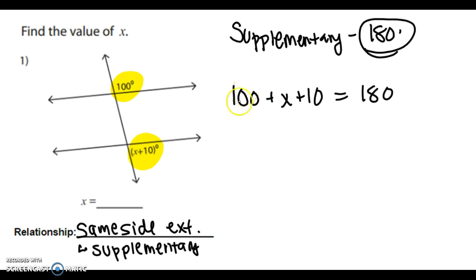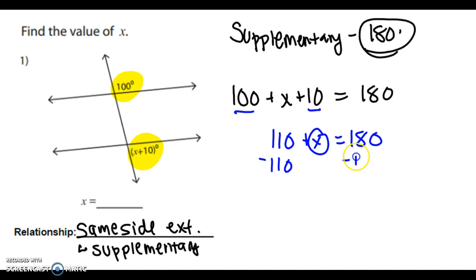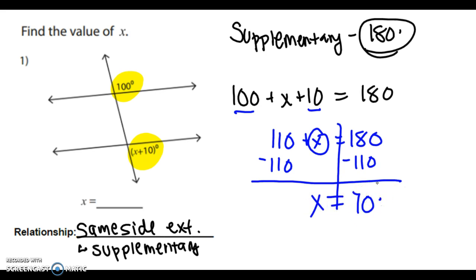And then from here, you just get to simplify and go through the process of solving the equation. We can combine terms. 100 plus 10 is 110, plus x equals 180. So if we get x by itself, we have to circle the variable, draw your line. We're subtracting 110 from both sides, and we see that x equals 70 degrees.